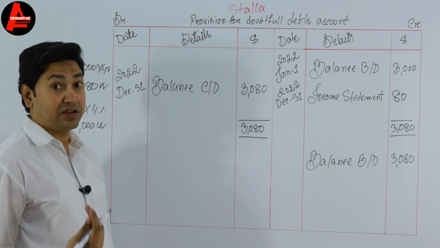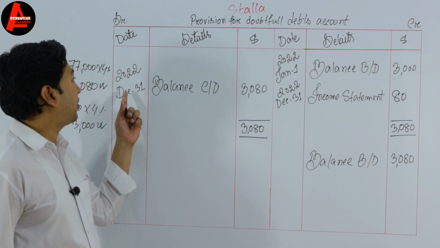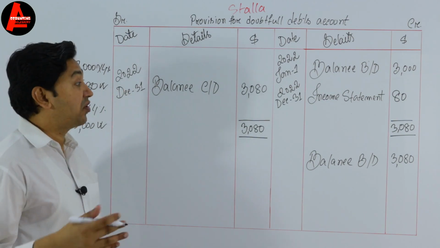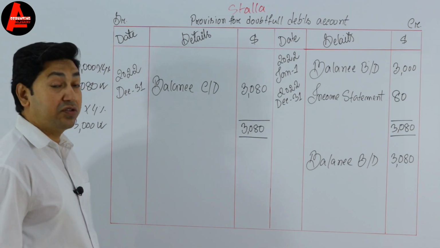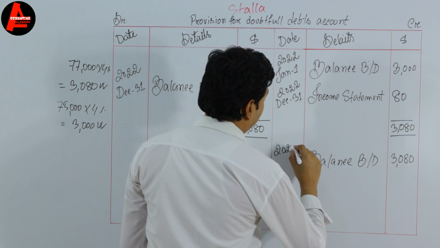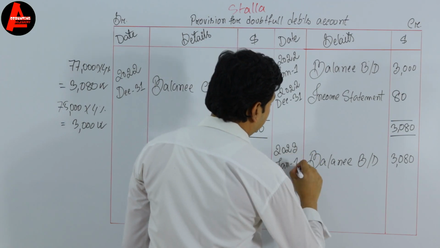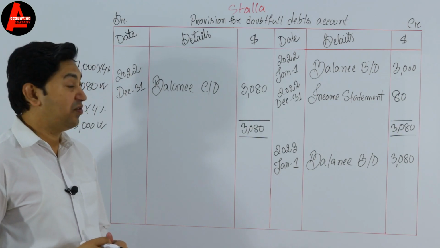For example, if the date is not given, what date do you write? The closing date is 31st December 2022. The opening date for the new financial year will be 1st January 2023. So here we will write 2023 January 1st. This is simple. I hope you understood.